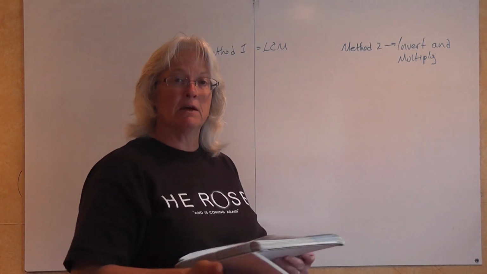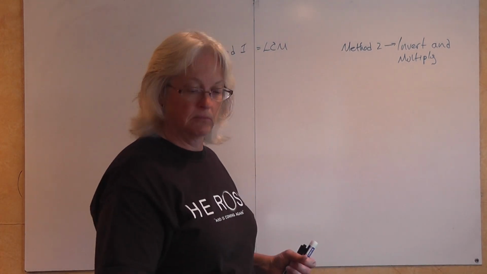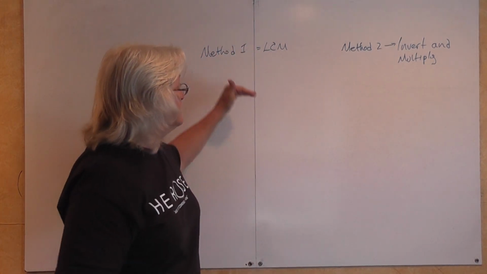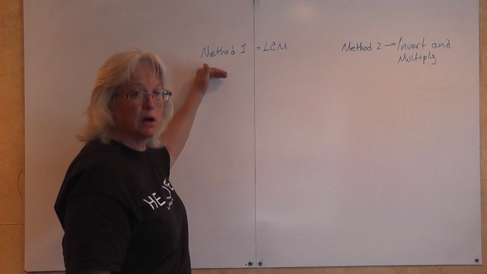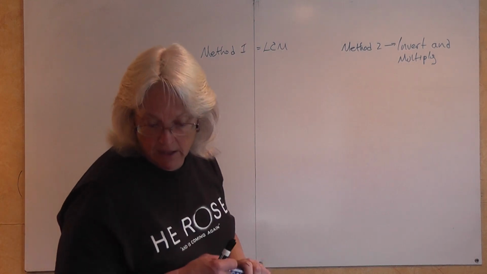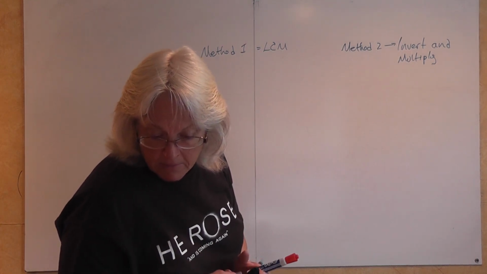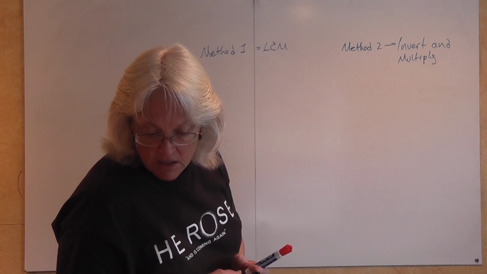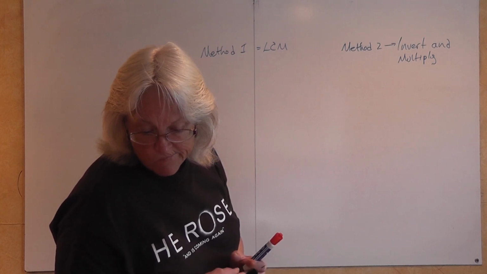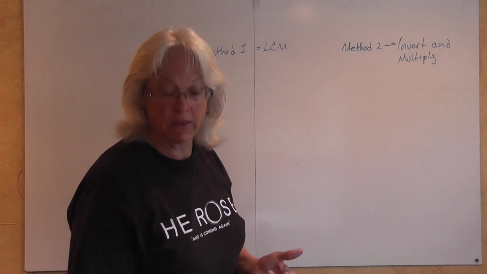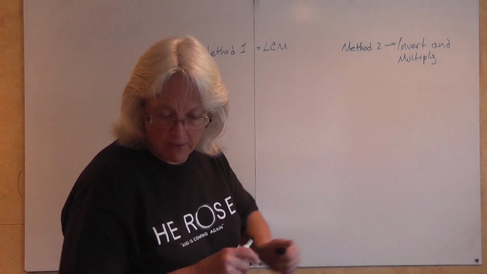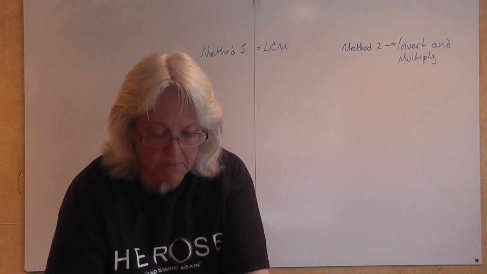And this example is the one where it really is easier to multiply by the least common multiple. So we're going to go ahead and do this using method 1 first. I just changed my mind the order in which I wanted to do these.